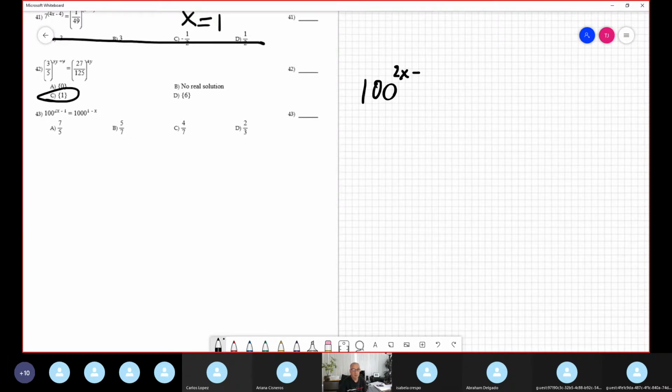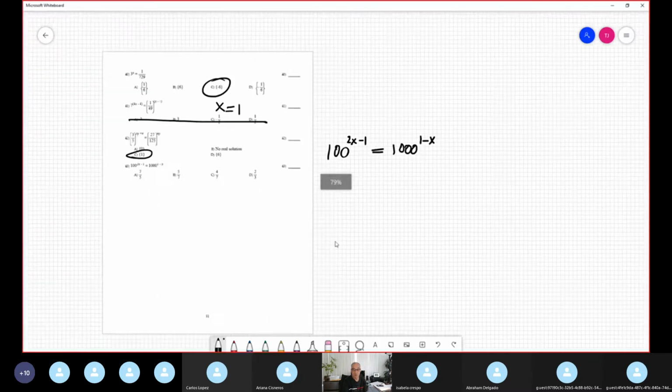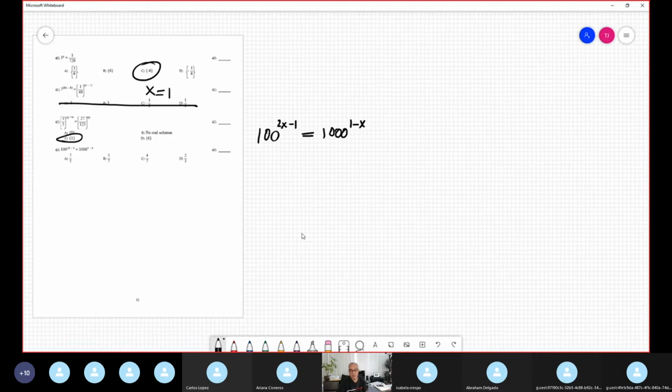2x minus 1 is equal to 1000 1 minus x. Okay, solving this exponential equation. Well, I know that 100 is 10 squared and 1000 is 10 to the cubic power.